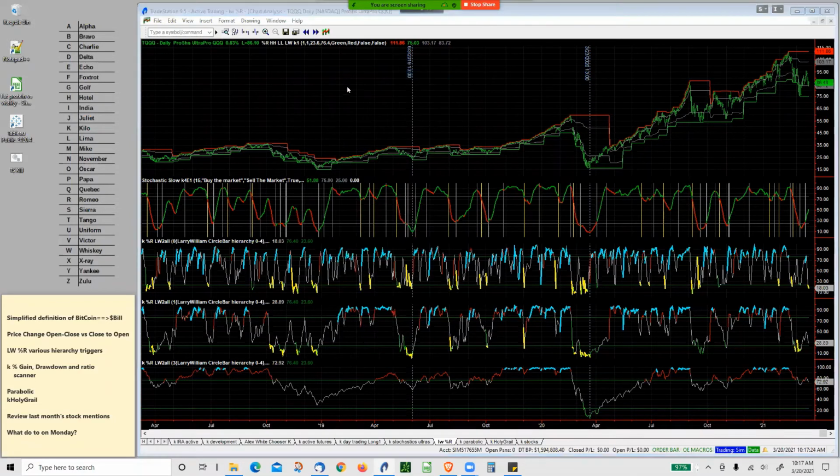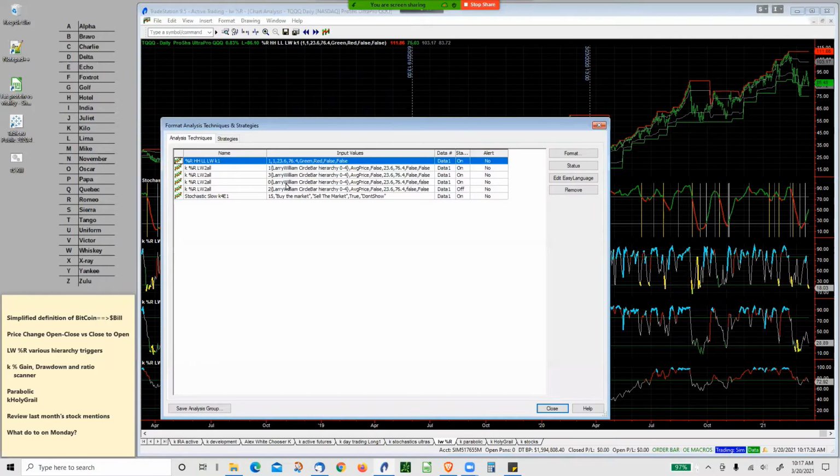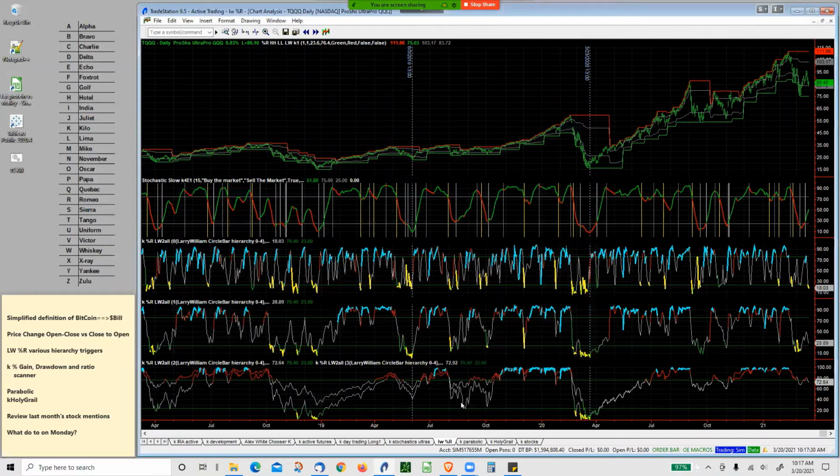Let me get a 2 in there. There you go. So if you see a trigger on level 0, 1, 2, and 3, that's a really good indication that you want to buy. That's a major buy point for me.